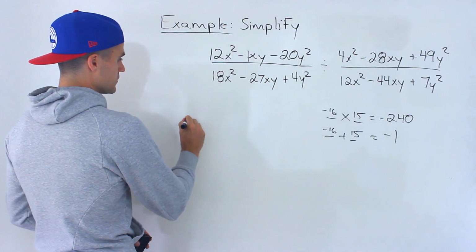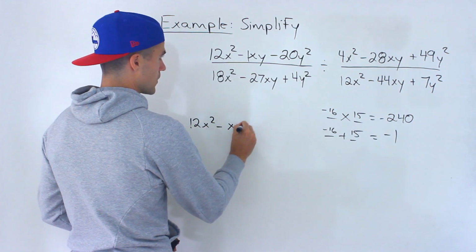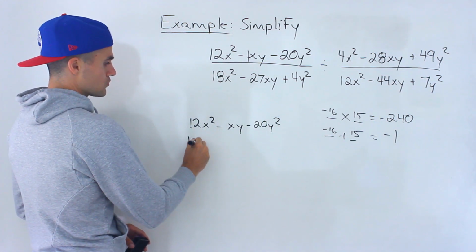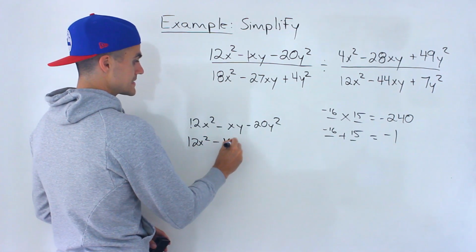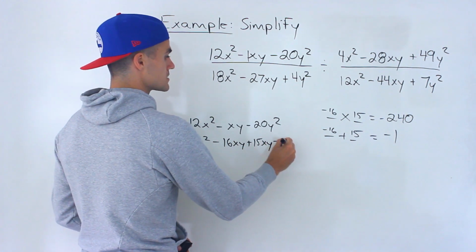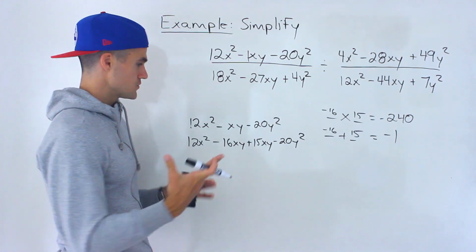Right, so what we would do is take the 12x squared minus xy minus 20y squared, and decompose that middle term into minus 16xy plus 15xy, and then minus 20y squared, like that. Then we factor by grouping.